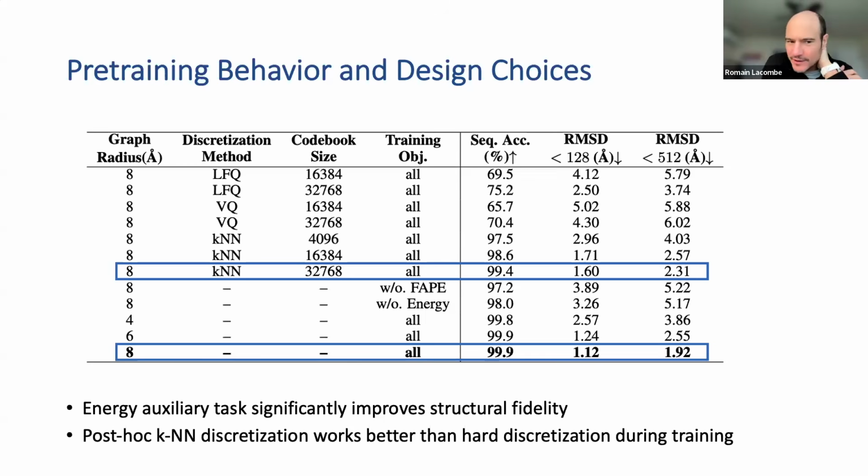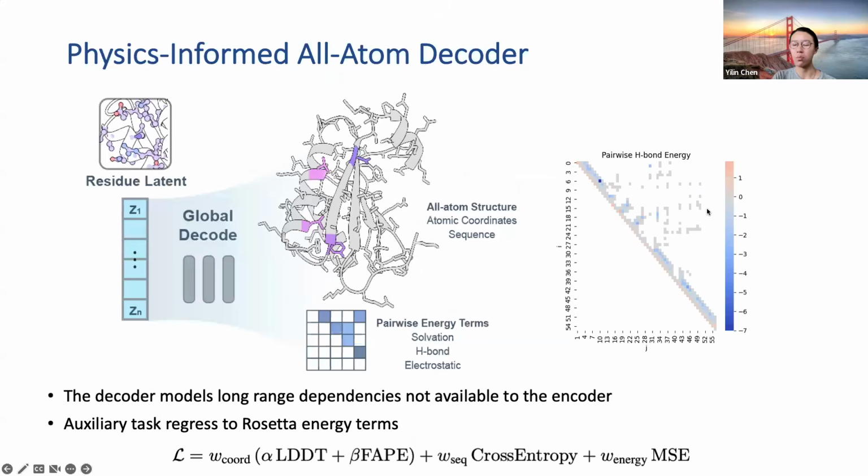Sorry, on the energy term, how do you get that for training? Is it based on the structure, and you compute the pairwise interactions, even including the global or long range interactions? For the neural network, it's an n by n heat map that's pre-computed for each of the training instances.